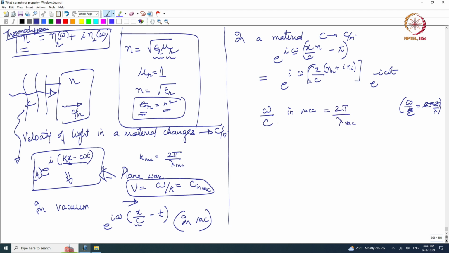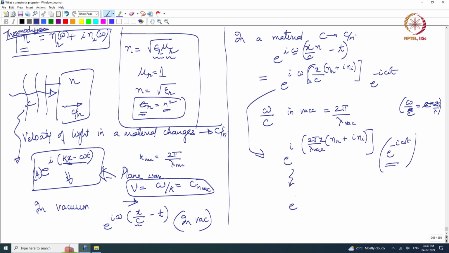So I am going to write this expression again as e power i 2 pi by lambda vacuum, which is the light wavelength, that is 500 nanometers or whatever it is, times n x, so times n_r plus i n_i, times e power minus i omega t. e power minus i omega t is the time fluctuation, that always carries, so let me not worry too much about that. And that is equal to e power minus i 2 pi n_r by lambda vacuum.